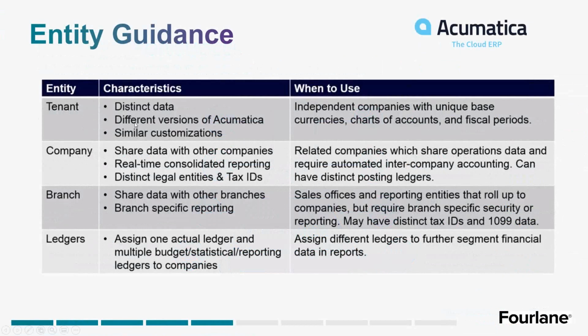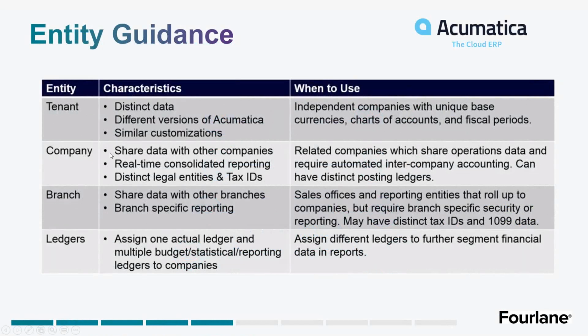But it's distinct data, different versions of Acumatica possibly, similar customizations, completely independent companies with unique base currencies, chart of accounts, and fiscal periods, right? So if somebody has a fiscal year end in July, that is a subsidiary company of yours, and your fiscal year end is a calendar year end, they need to be considered different tenants. Doesn't happen that frequently.